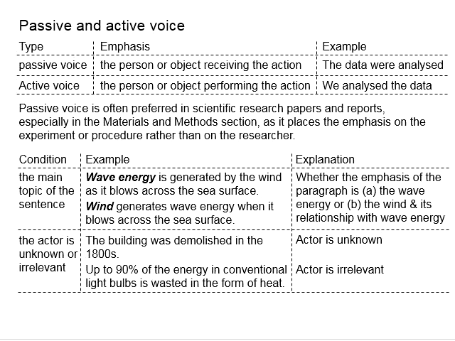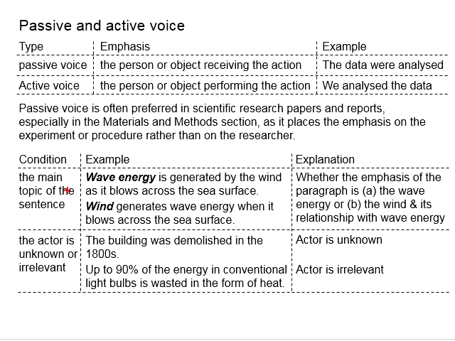This is also attributed to the nature of the scientific research paper, making it impersonal in order to demonstrate the importance of the facts and figures as well as the topic being discussed. These are some conditions for you to consider whether to use the active or the passive voice.